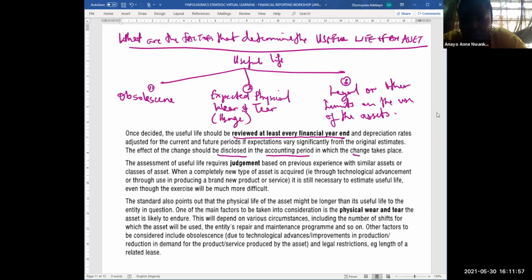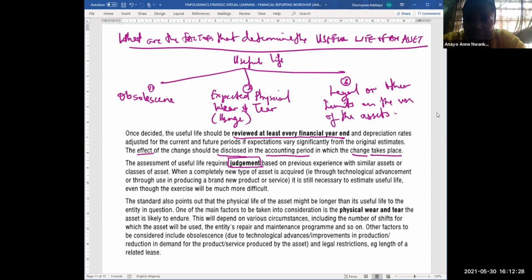The assessment of useful life requires judgment based on previous experience with similar assets or classes of assets. When a completely new type of asset is acquired, that is through technological advancement or through use in producing a brand new product or service, it is still necessary to estimate useful life, even though the exercise will be much more difficult.